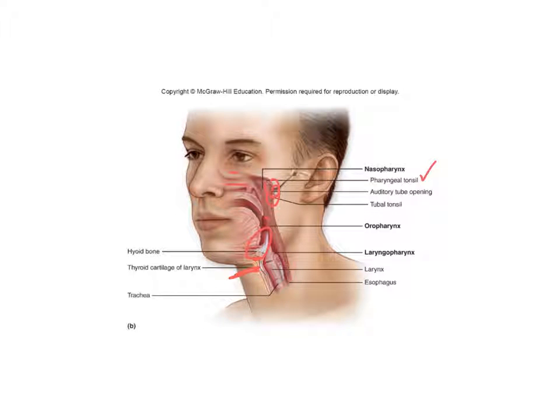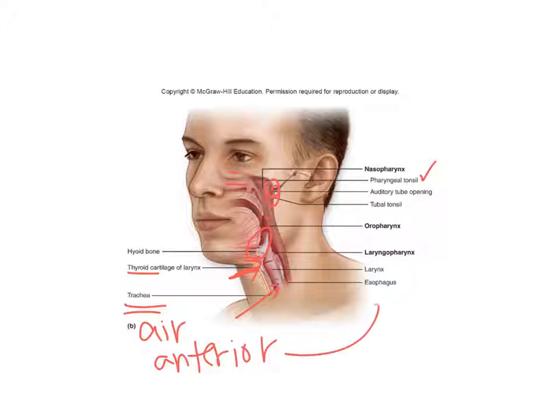The front cartilage of the larynx is called the thyroid cartilage. Remember the trachea. This is the tube for the air, and it's anterior to the esophagus, which is the tube for food. Okay, so we're going to enter into the larynx. That's where we're going next.